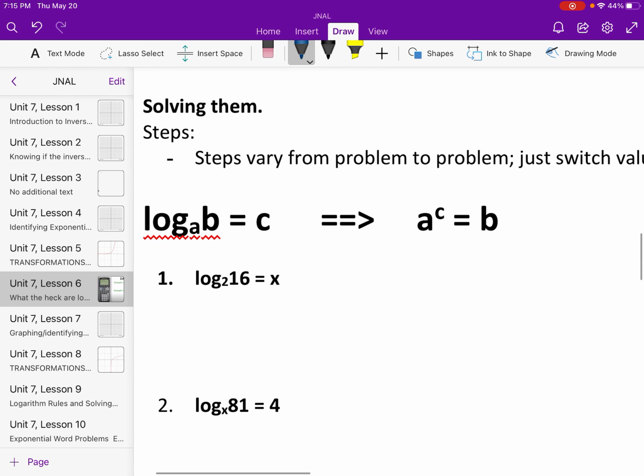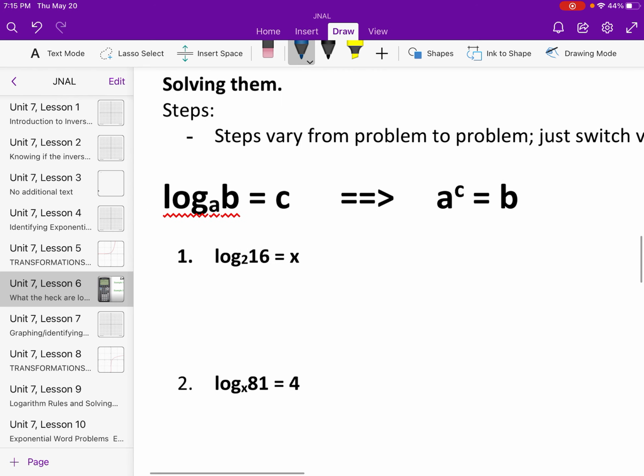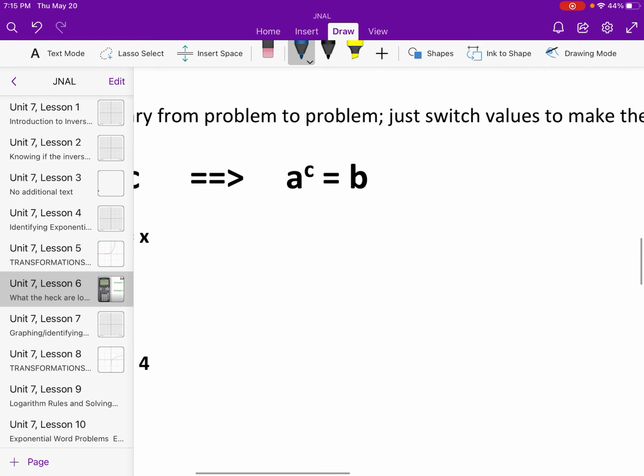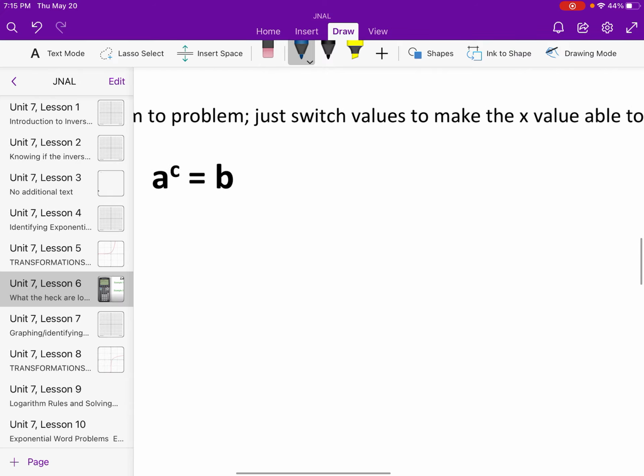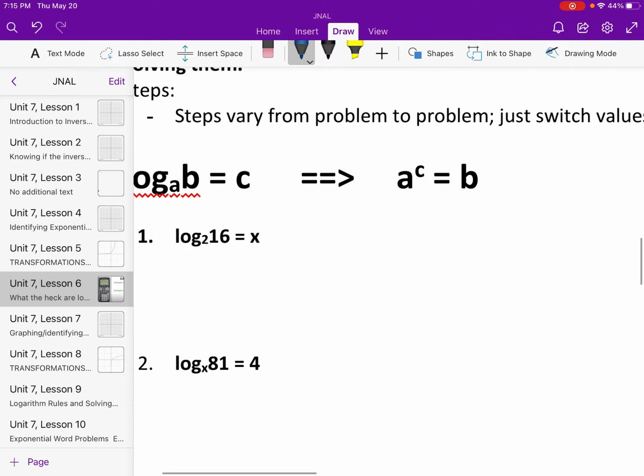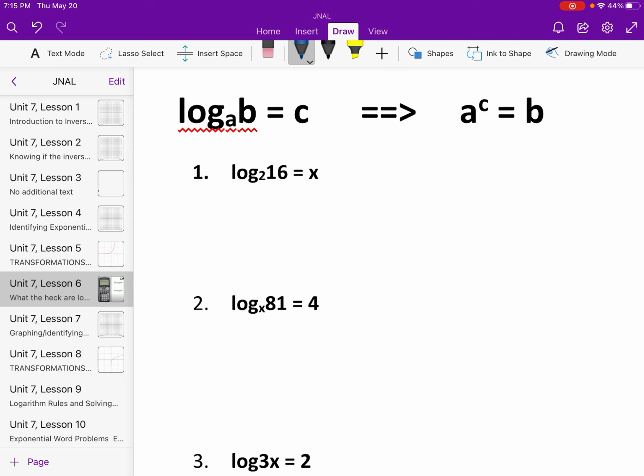So solving them. Okay, well, you can solve these. Basically, this just means you can figure out what x is in certain situations. And there's not necessarily steps that can apply to every problem, but basically what that thing is saying is that if you're trying to figure out what x is, you need to see 3 values and then just change them to this.